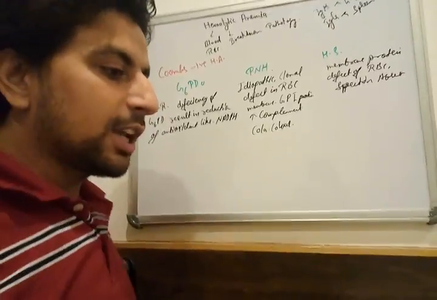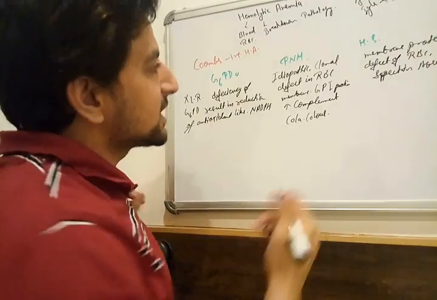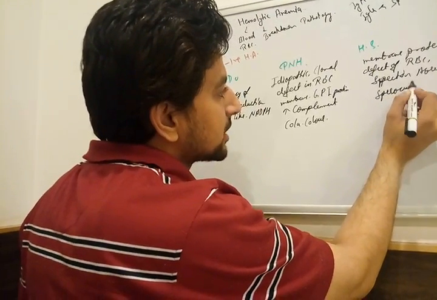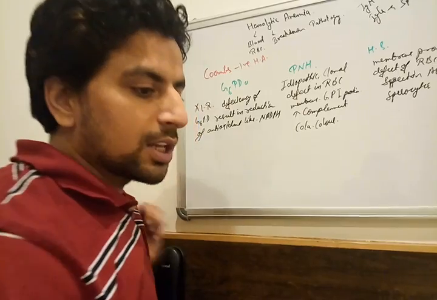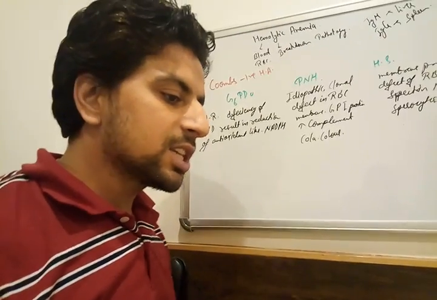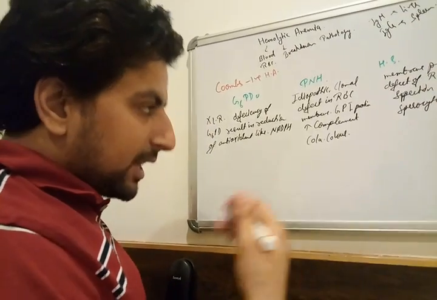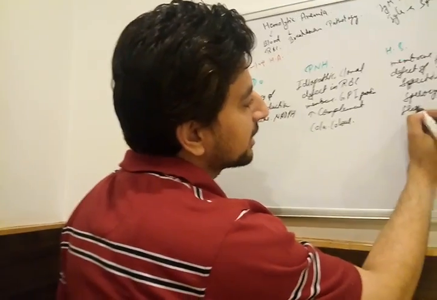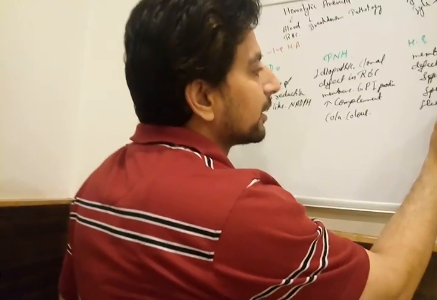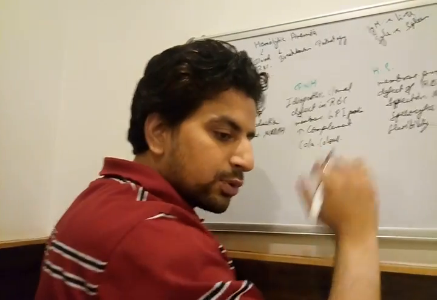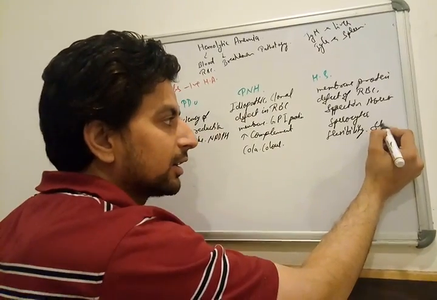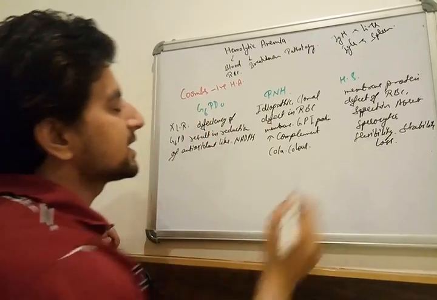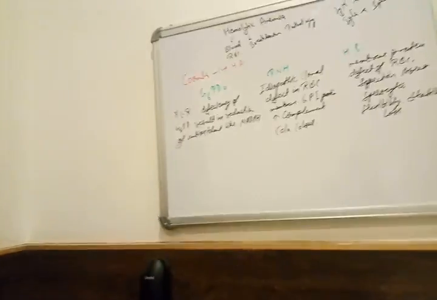That's why spherocytes, RBCs of spherocyte shape, occur in hereditary spherocytosis. And when spectrin is absent, the RBC loses flexibility and stability. That's why the lysis occurs. I hope here it's very clear.